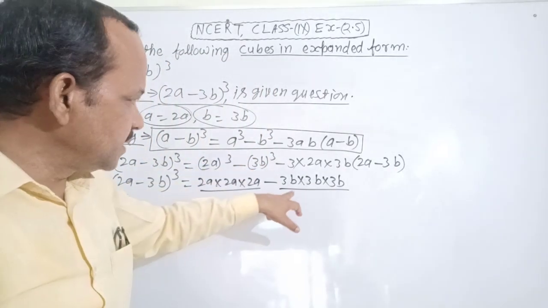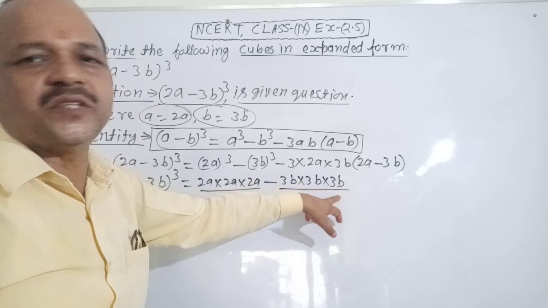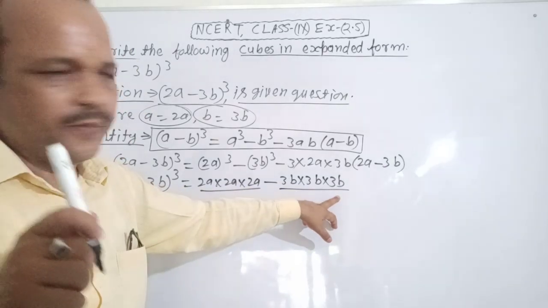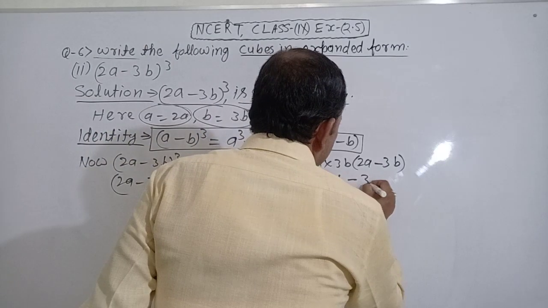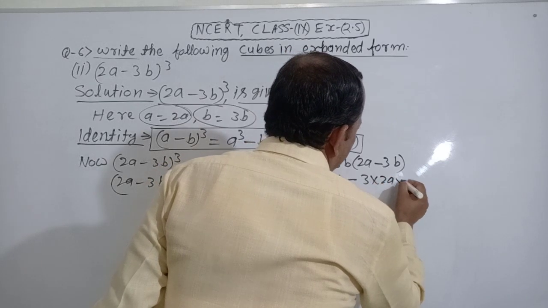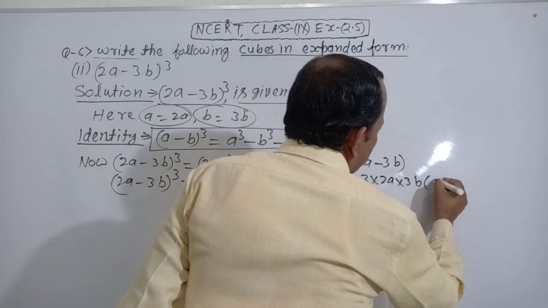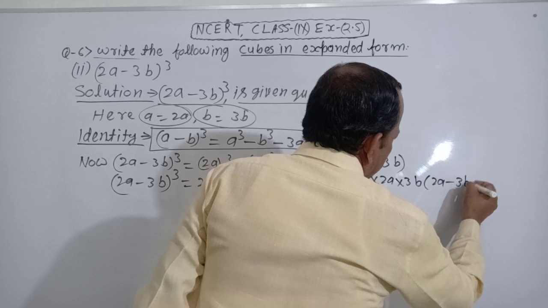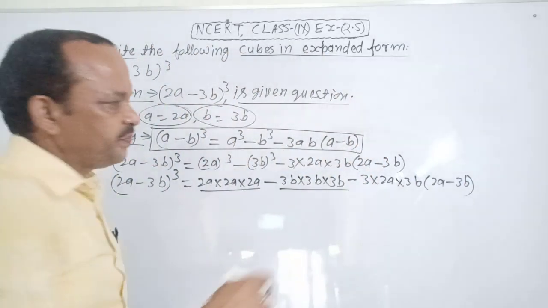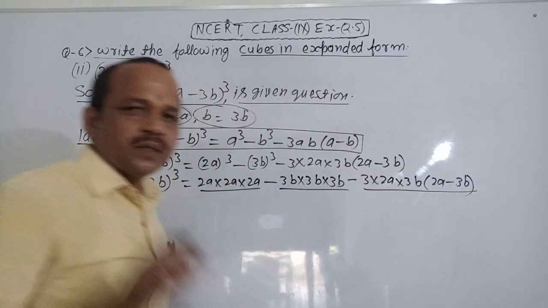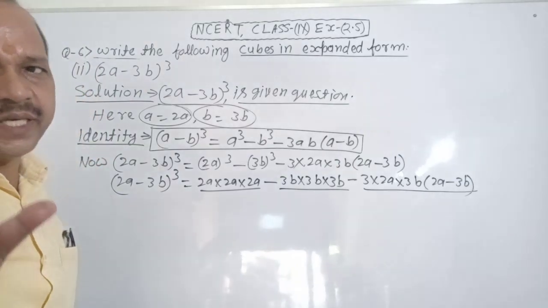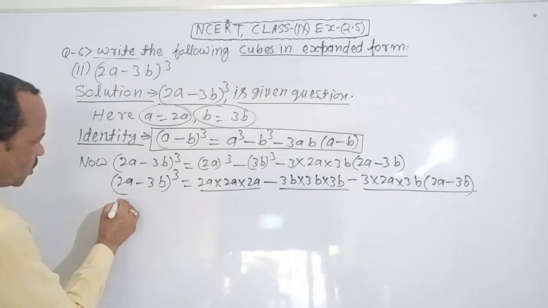So you can write 3b multiply 3 times. Here minus 3 multiply 2a multiply 3b in brackets (2a minus 3b). It is clear, no confusion about it.